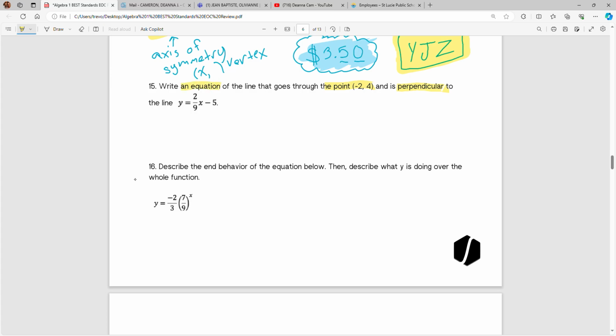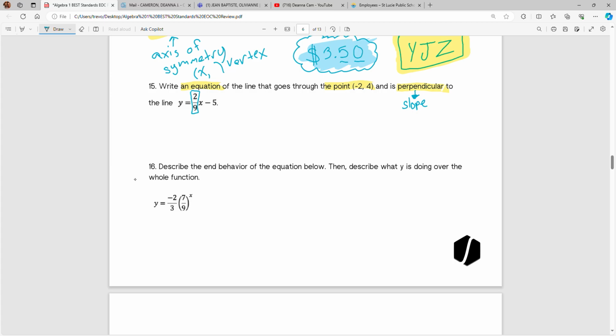So our equation here of this line, my keyword perpendicular is telling me something about the slope. And I can see the slope of this line because this equation is in slope-intercept form.